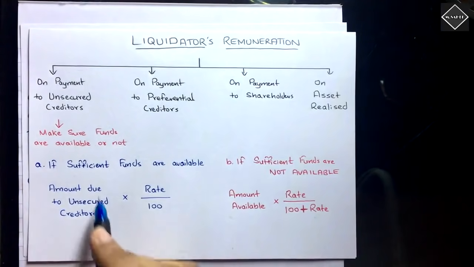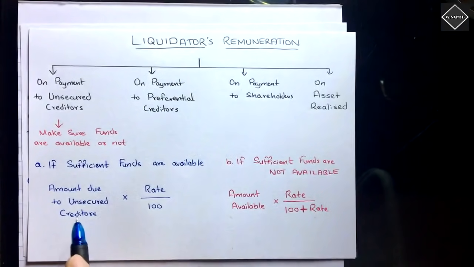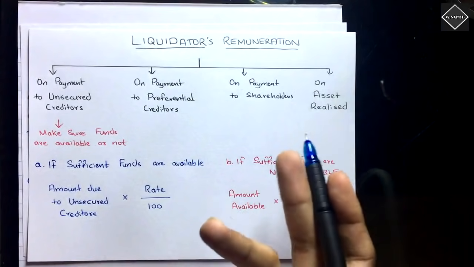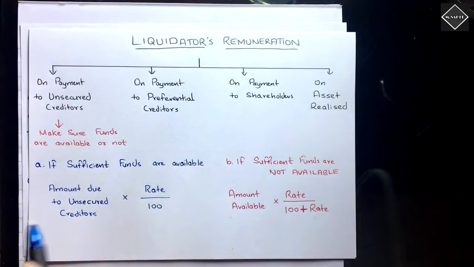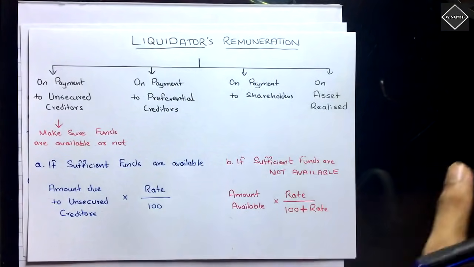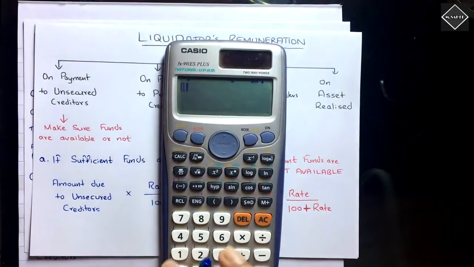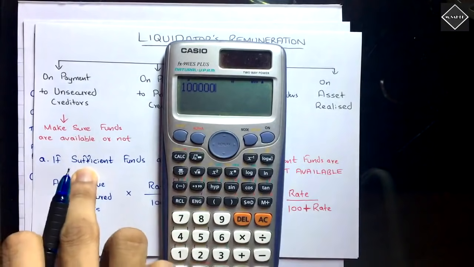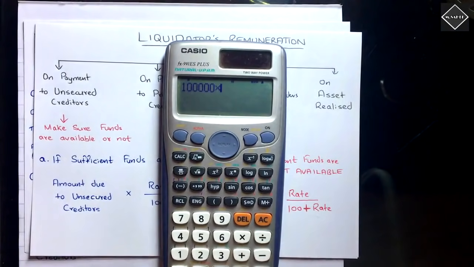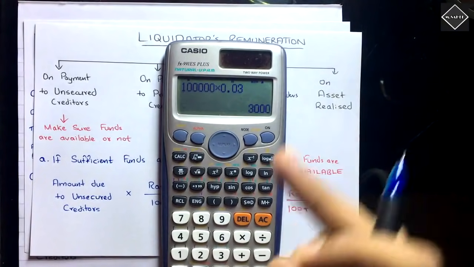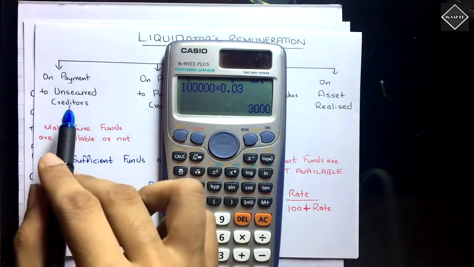If 1 lakh is due to unsecured creditors and you have sufficient funds to make that payment, then 1 lakh into the rate, let's say 3%, 0.03. Simple, 3,000 will be paid to the liquidator as his remuneration on unsecured creditors.